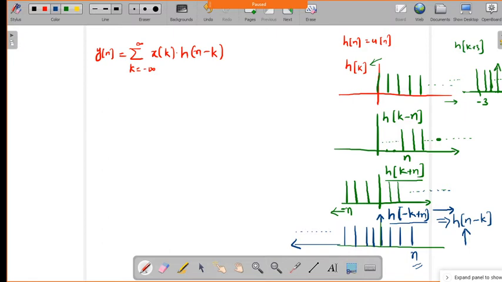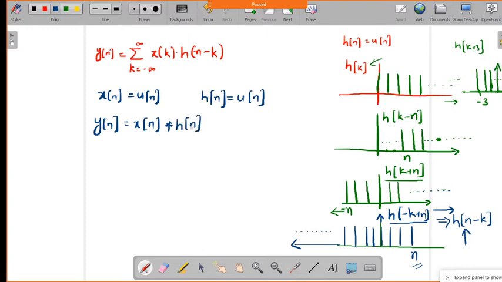So now take an example here. Now if I give x of n equal to u of n, and similarly h of n also I will take as u of n, then convolve these two signals. Find the output y of n, which is the convolution of x of n and h of n.